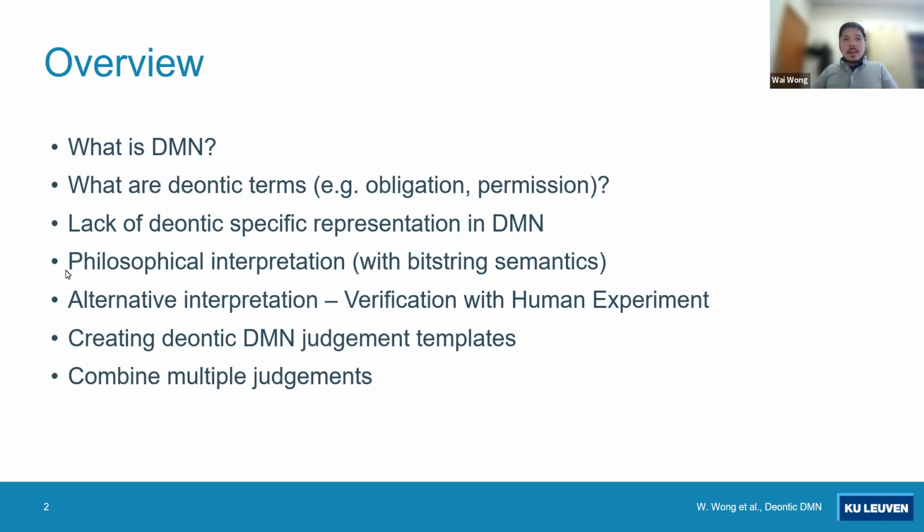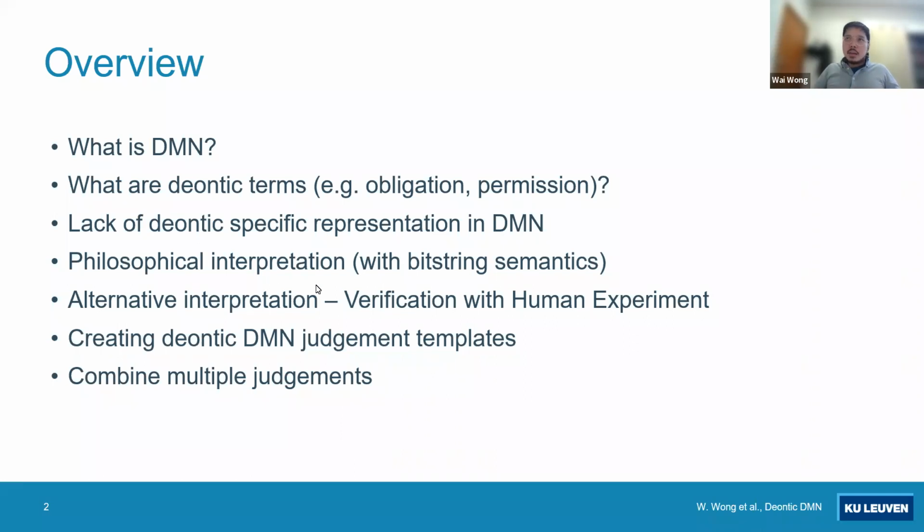Because of this problem, we go back to philosophy, because they have done a lot of work on the relationship between different deontic terms. We borrow some of the concepts there and try to see how we can make them work to extend DMN. Of course, with this extension there will be some heat, because as you know, the philosophical interpretation doesn't always match with how common people interpret those terms.